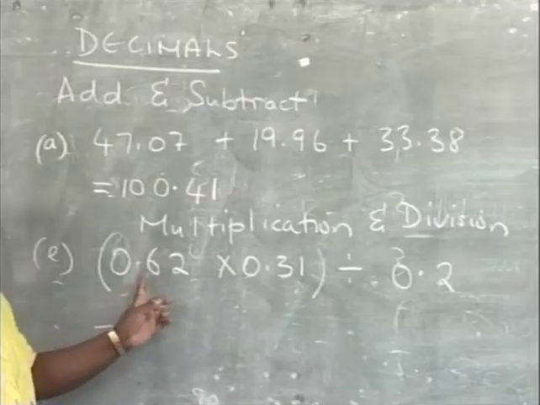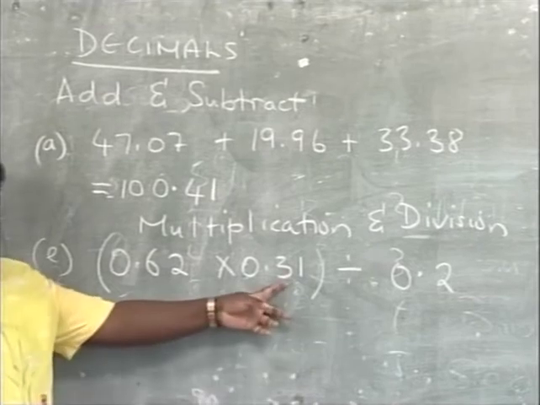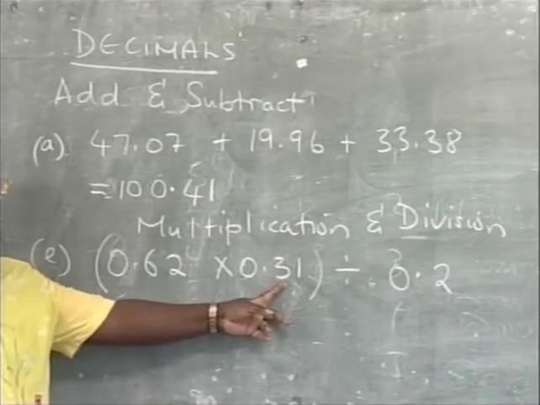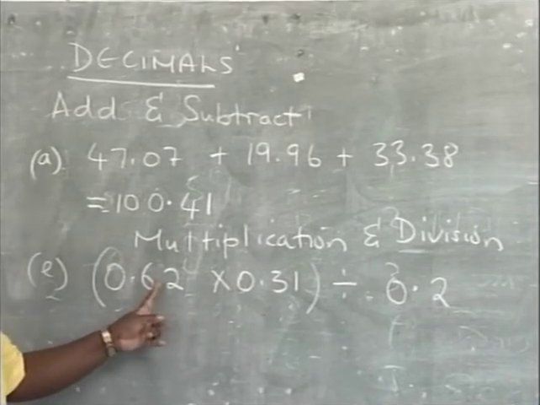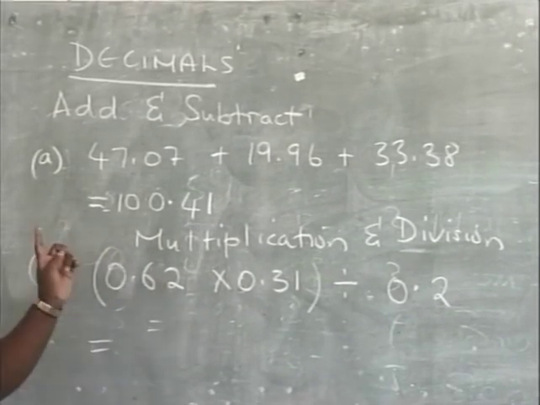When multiplying decimal numbers, count how many places there are behind the decimal point. Okay, so when I get the answer to 0.62 times 0.31, I have to count 1, 2, 3, 4 before I put the decimal point.